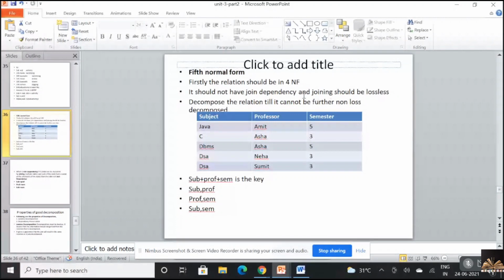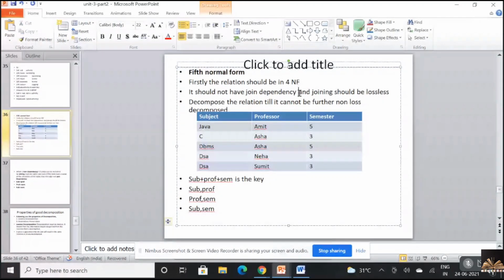You need not mention that joining should be lossless; it's up to you. But the first 2 points: a relation R is in 5NF if the relation is in 4NF, and it should not have joint dependency.